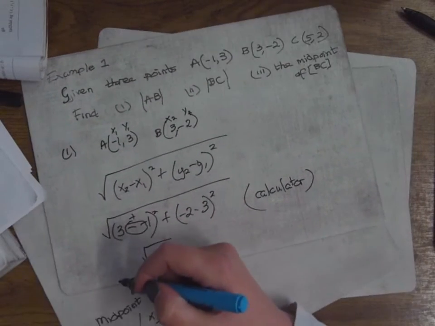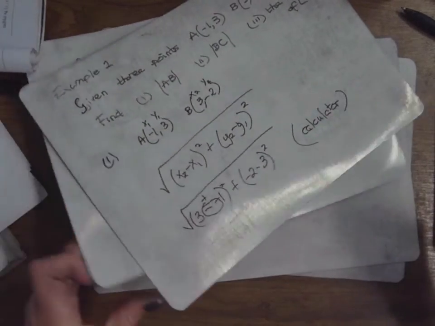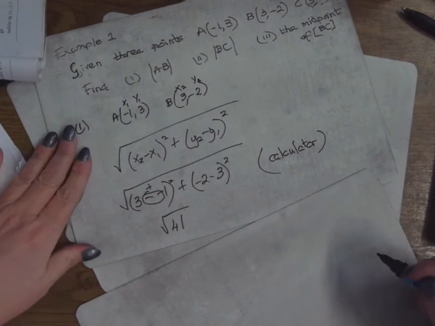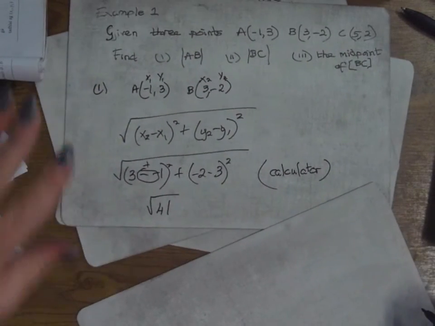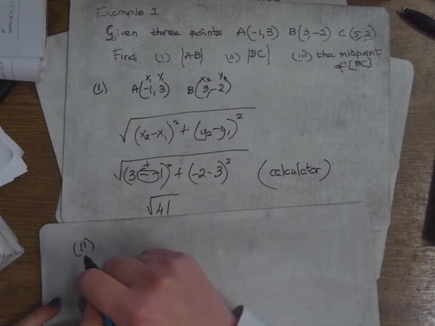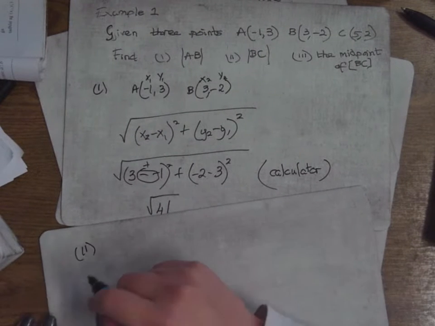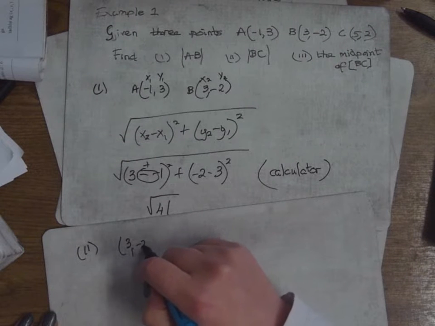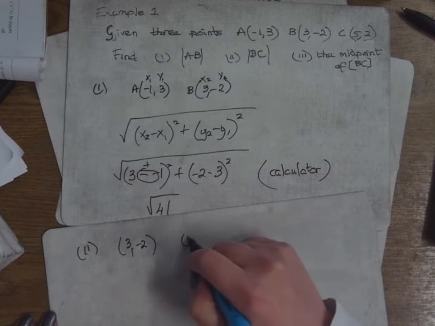Okay? Right, okay, next one. Part 2. Part 2 is BC with two straight lines either side. So that's the length from B to C. So same formula, different points. So B is 3, minus 2, C is 5, 2.